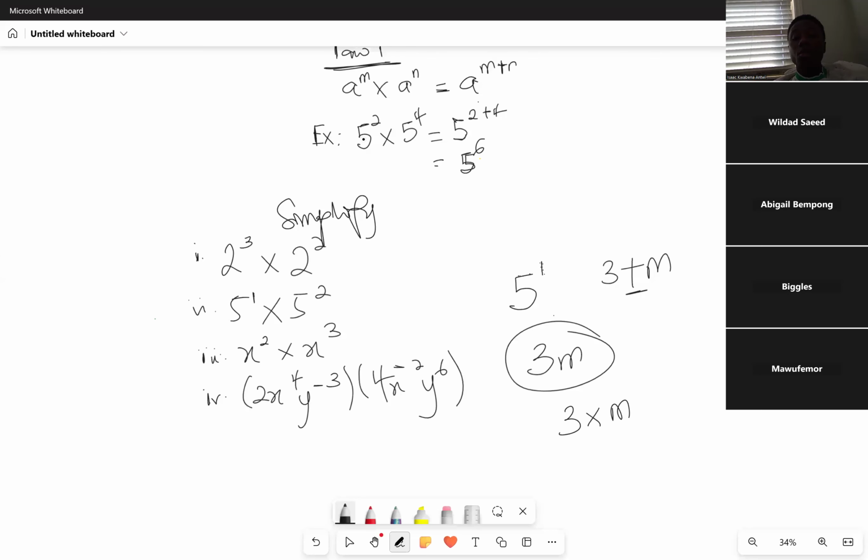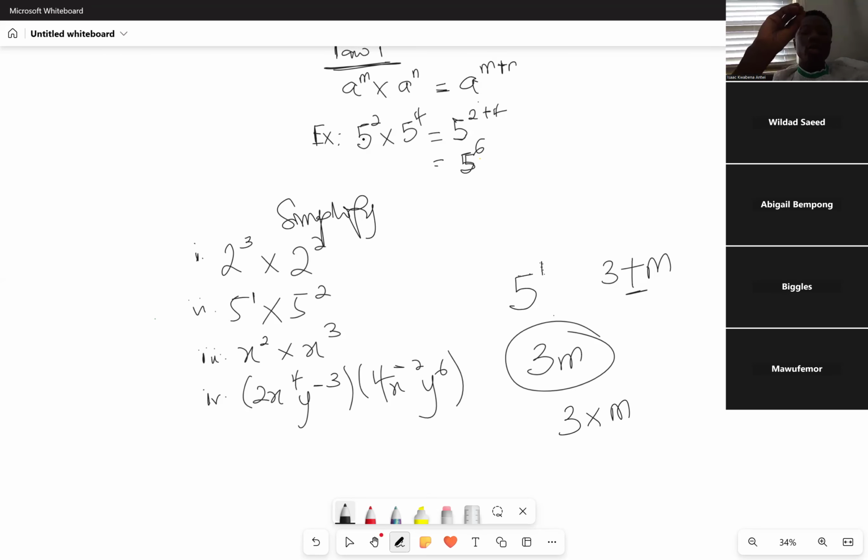If you also see a bracket separating one thing from another, that thing is multiplying the other. When you have brackets differentiating two things, that bracket indicates that this is multiplying that. I'm done.